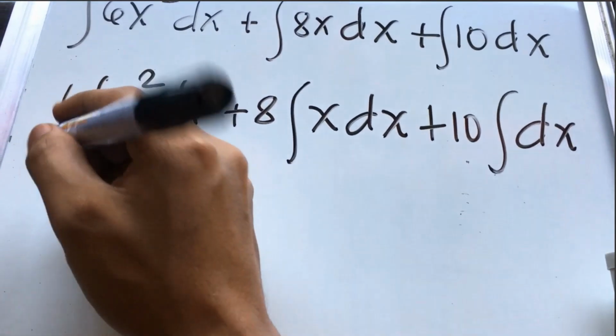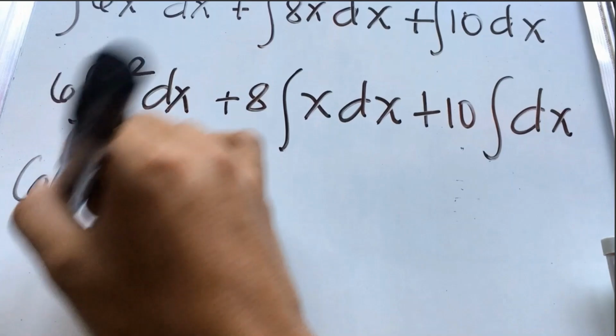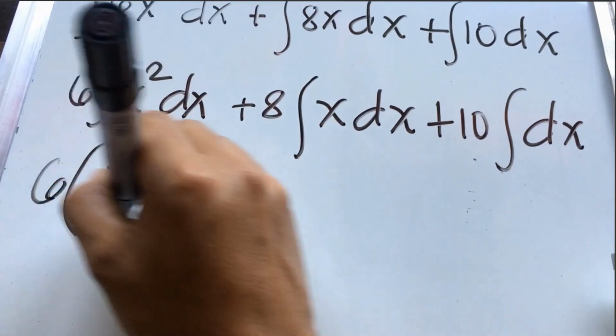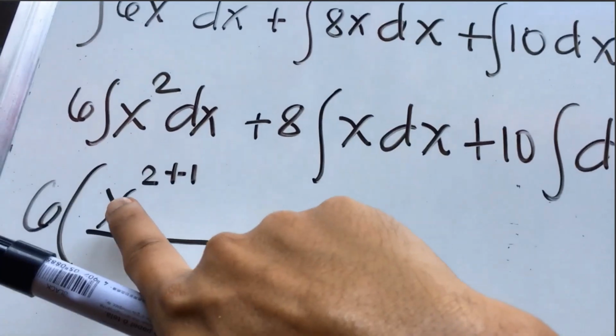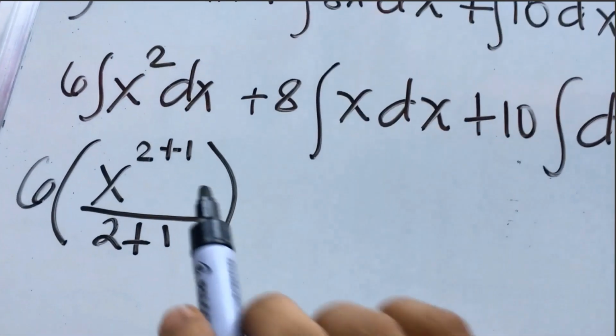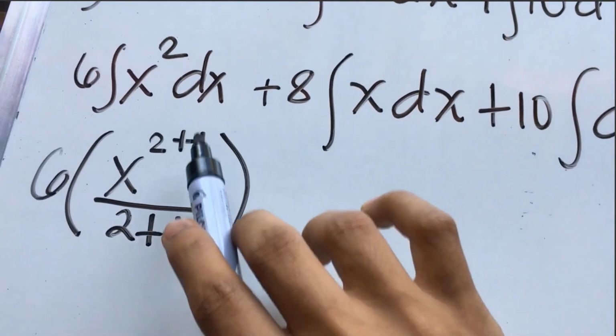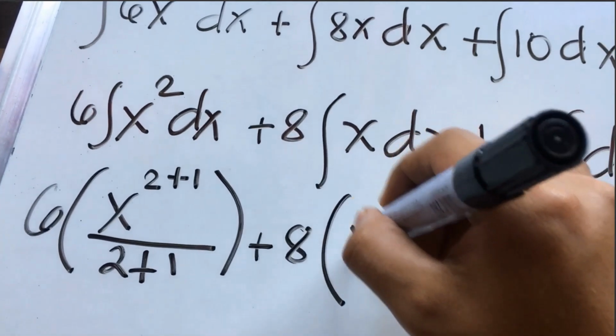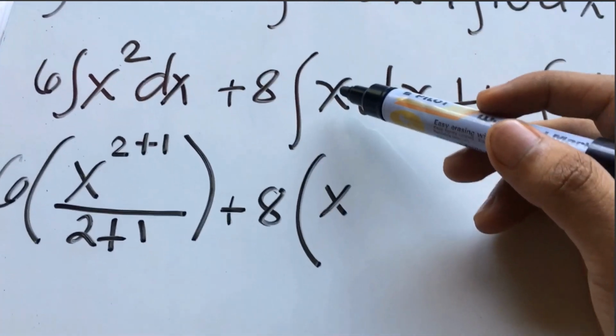So you have 6 times x, our exponent is 2, so 2 plus 1 over, of course kung 2 plus 1 dito, dapat sa baba 2 plus 1 din. Kung 2 plus 1 dito, dapat 2 plus 1 sa baba. Plus 8 times x. Meron ng exponent na 1.